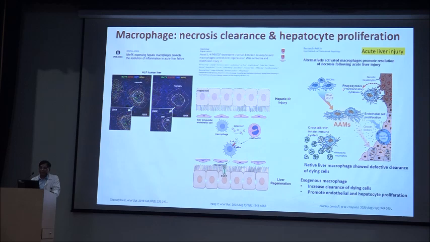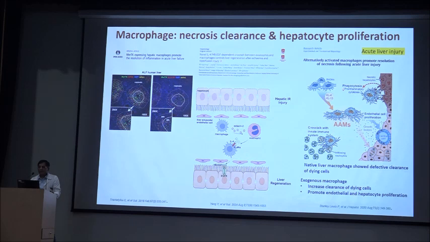Recently, another paper came out saying that apart from this clearance, once the macrophage gets activated, there is increased recruitment of eosinophils, and those eosinophils help increase production of HB-EGF by the Kupffer cells, which helps in the production of growth factor for hepatocyte regeneration.